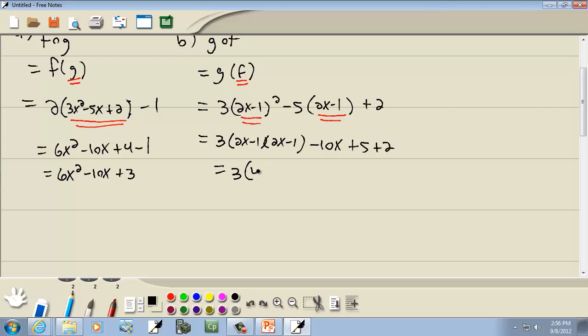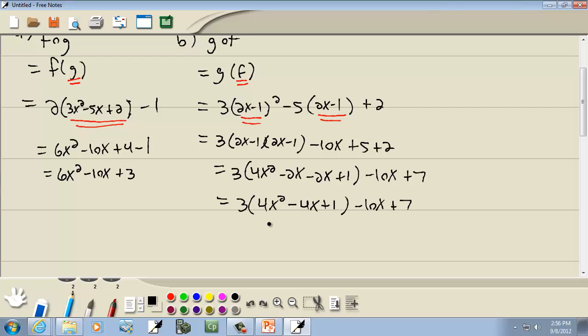2x times 2x gives us 4x squared. 2x times negative 1 is negative 2x. Negative 1 times 2x is negative 2x. And negative 1 times negative 1 is a positive 1. Minus 10x. 5 plus 2 gives us 7. And that gives us 3 times 4x squared. Combine together like terms. Negative 2x and negative 2x is negative 4x. Plus 1. Minus 10x plus 7.